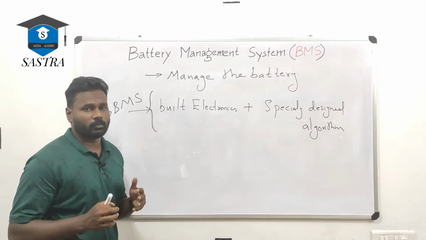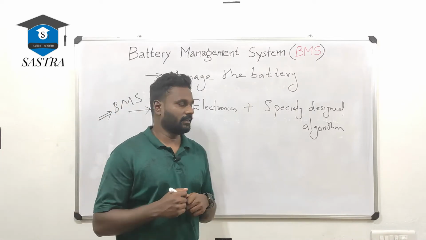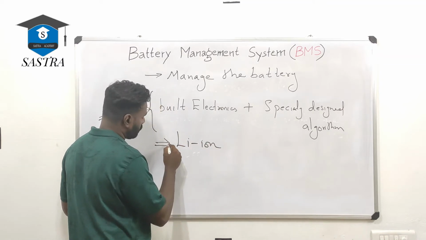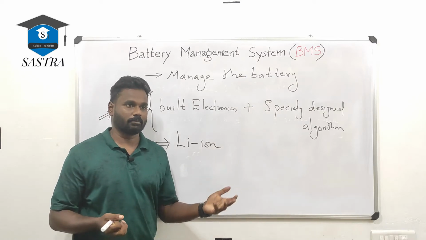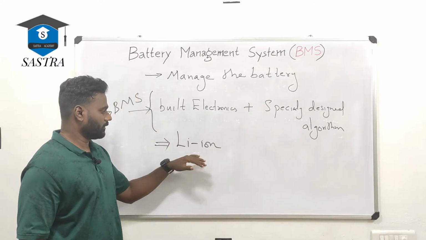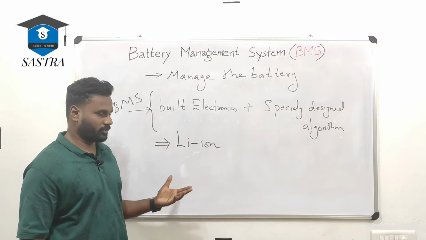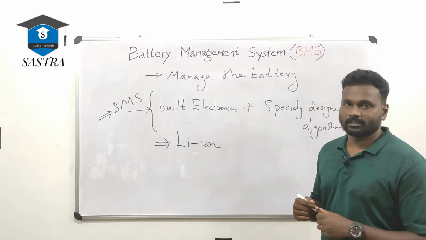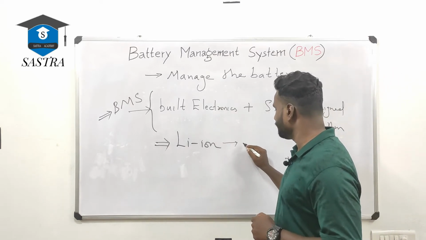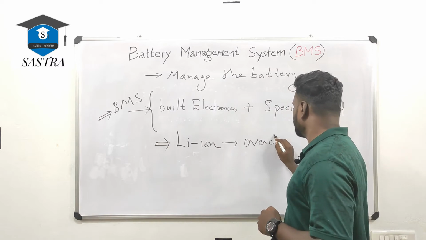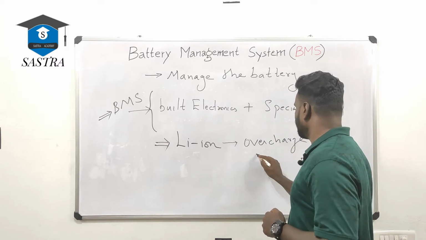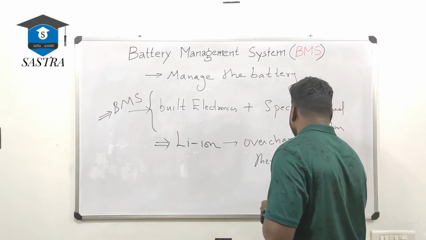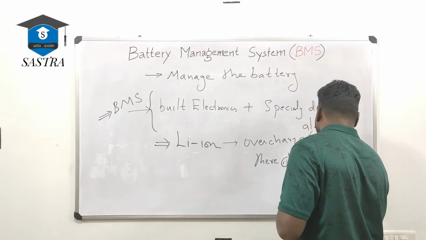As we all know, the commonly used battery nowadays is the lithium ion battery. Lithium ion you all know because you are using it in your phone, laptop, everywhere. It is used in every electronic application. In electric vehicles, lithium ion batteries are widely used. The problem with this lithium ion battery is, if we overcharge it, there is a chance of explosion.